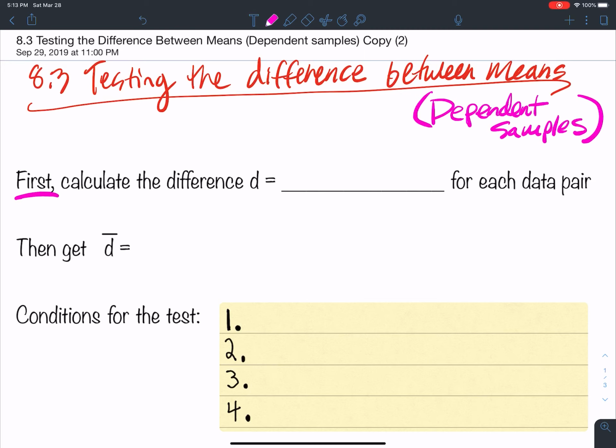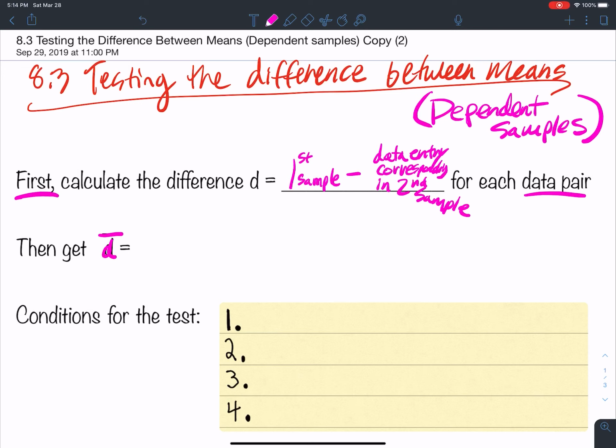The difference D is equal to the first sample data entry minus the corresponding data entry in the second sample, for each data pair. Then once we get all those differences D, we're going to find the average, D bar.